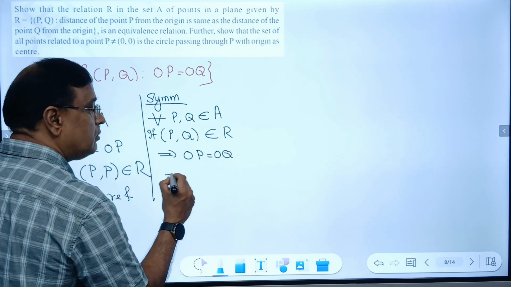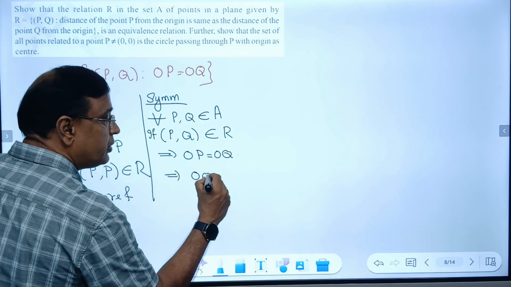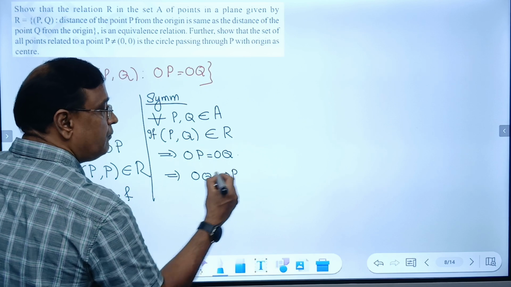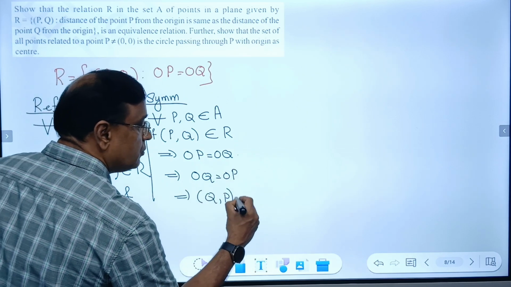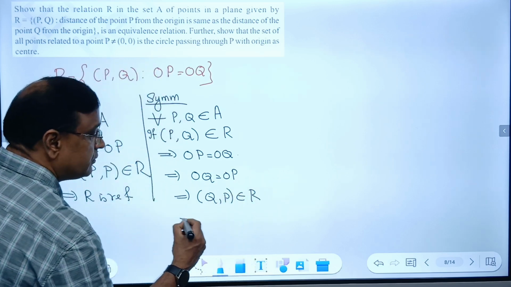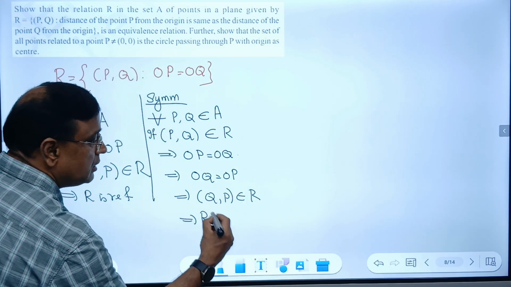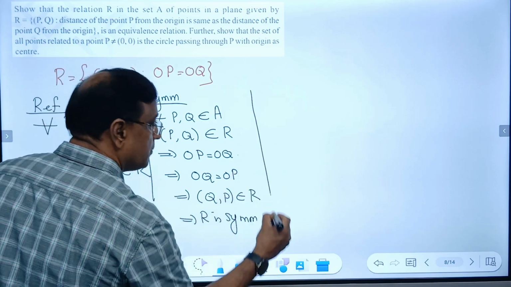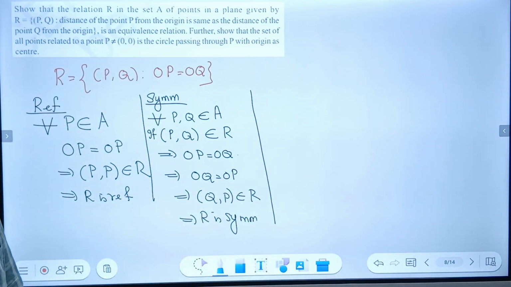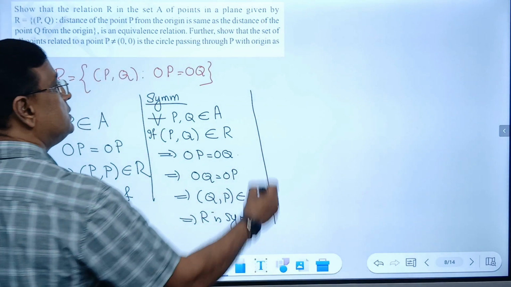If OP equal to OQ, then OQ equal to OP. So (Q, P) belongs to R. This implies R is a symmetric relation. Clear?